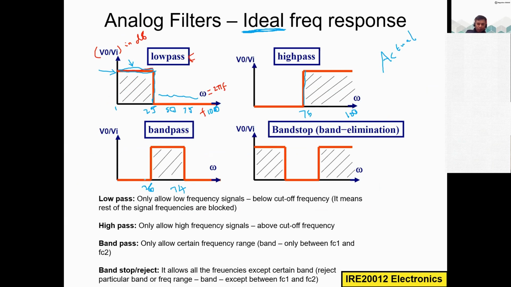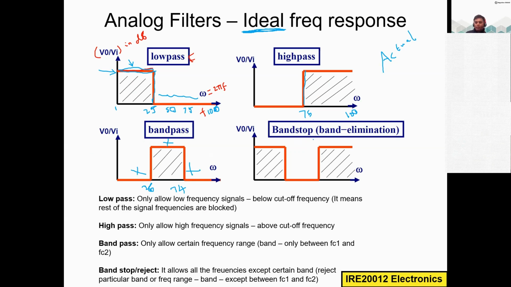So the output is 0. But from 26, it sharply rises up and then it passes the signal. The output is high. And then after 74 kilohertz, it falls down sharply and then it blocks the rest of the frequencies. So it blocks here and here. It passes only a specific, selective band. So it's called a band pass filter.